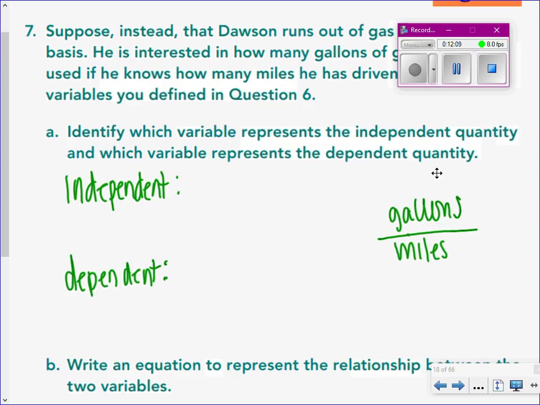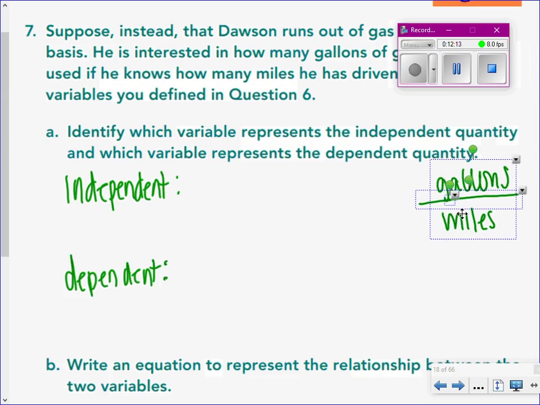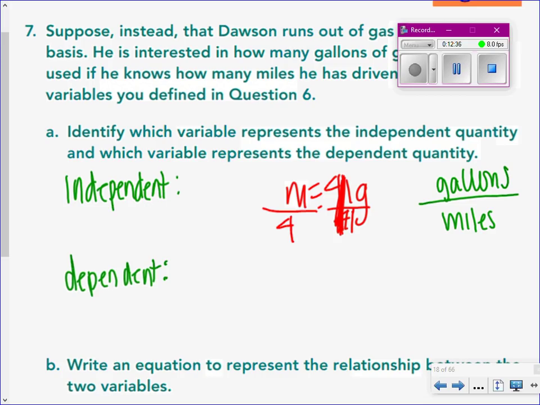But we're going to use the same equation. Remember, our equation was M equals 41G. But now I want it to say gallons equals miles. So I want gallons by itself, so I'll divide by 41. That becomes 1, divide by 41.